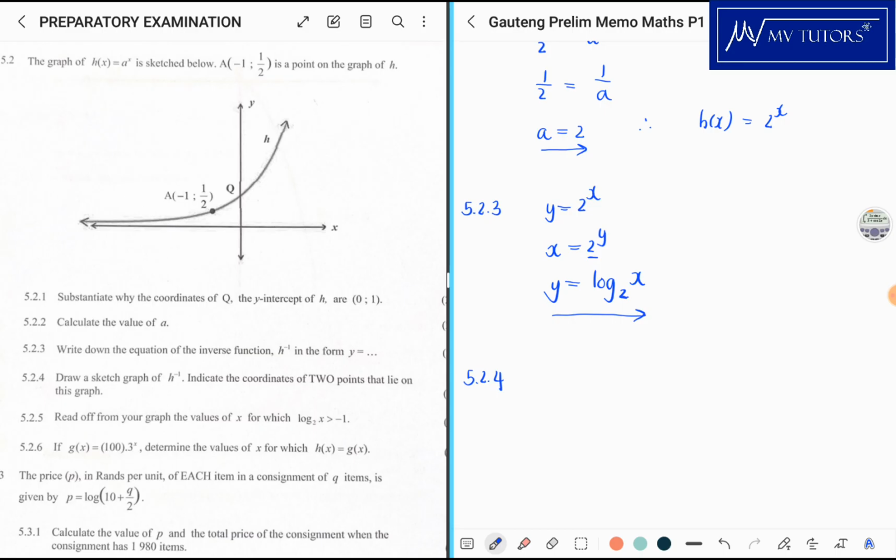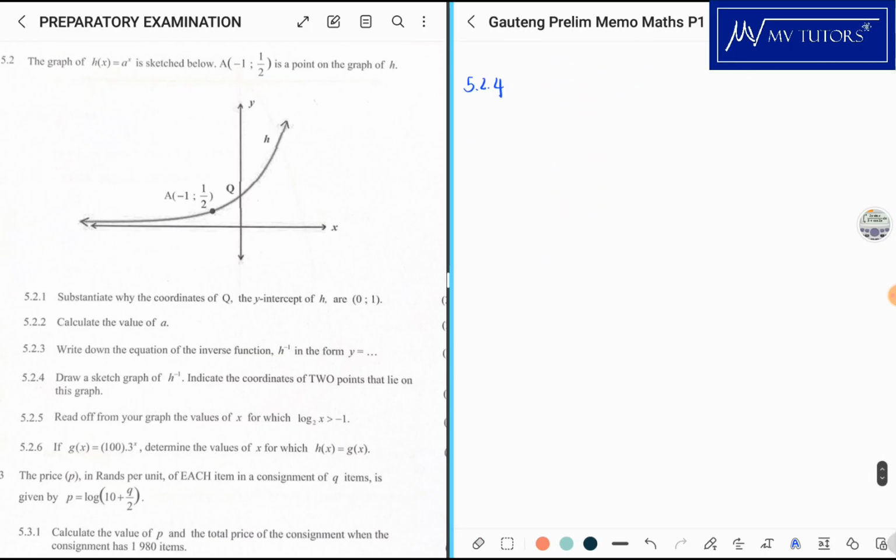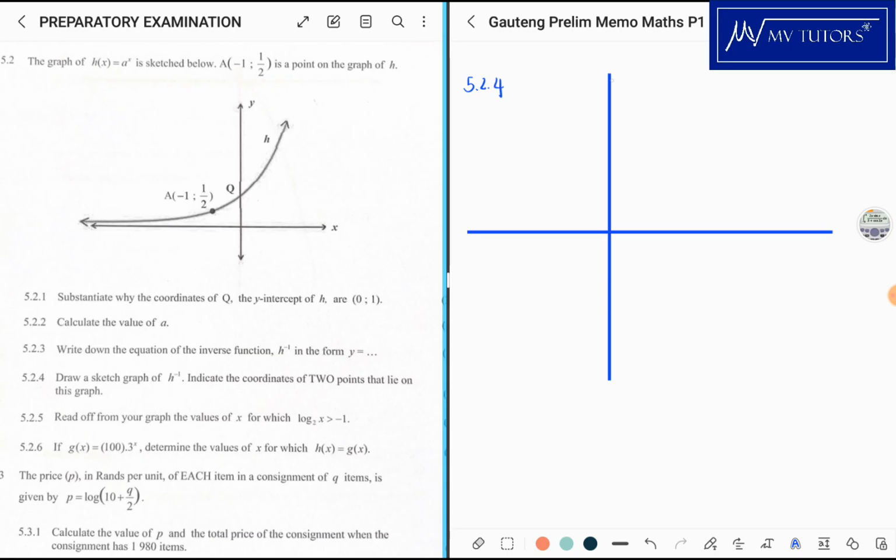So it says draw a sketch of the inverse, and indicate the coordinates of 2 points that lie on the graph. I'm going to draw the original. It helps me actually to draw the inverse as well. So just bear with me, please. So this is my y-axis, my x-axis, and I'm going to draw the line y is equal to x, because that actually helps.